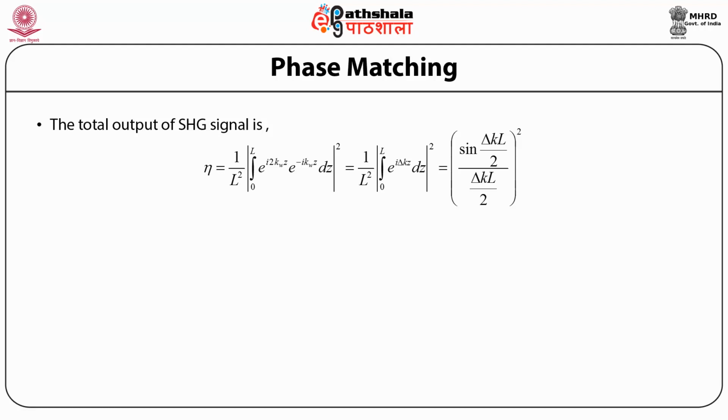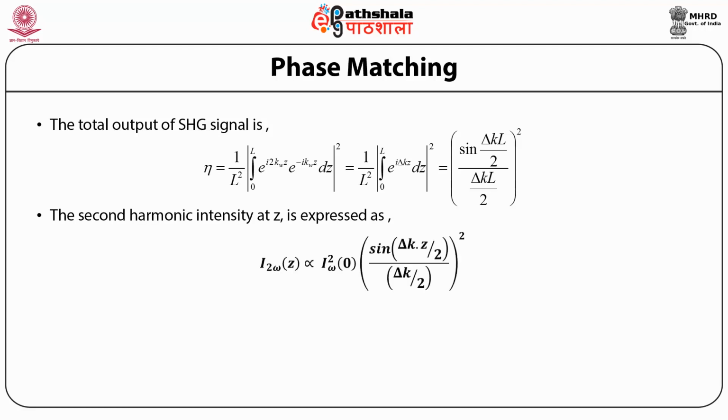Here eta is equal to 1 by L square multiplied by integration of 0 to L e to the power 2 i kx z e to the power minus i kx z dz whole square, which is equal to 1 by L square times integration of 0 to L e to the power i delta k z dz whole square, which is equal to sine of (delta k L divided by 2) whole divided by (delta k L divided by 2) whole square.